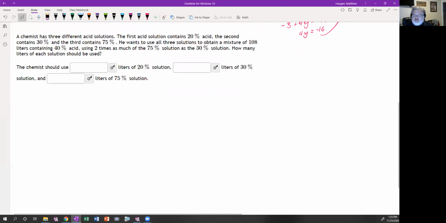We can even talk a little word problem strategy with it. Now, none of the ones on the homework are too terrible, but if you go look in your book and try to practice some more of these, which I, of course, always recommend, some of these word problems get a little bit big.